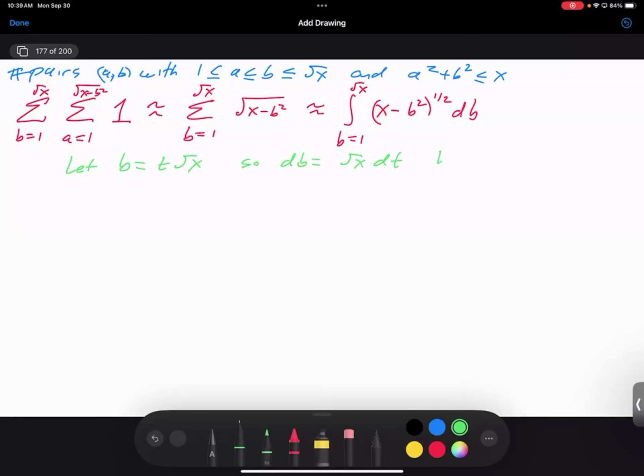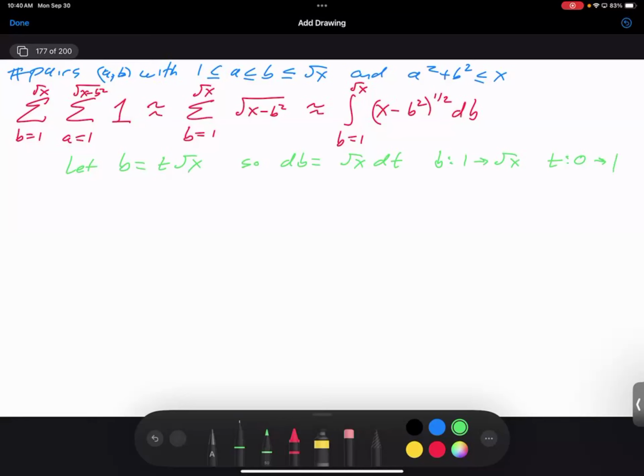And then b goes from 1 to square root of x, becomes t goes from what? What does t go from? 1 over square root of x, which is 0, to what? To 1.